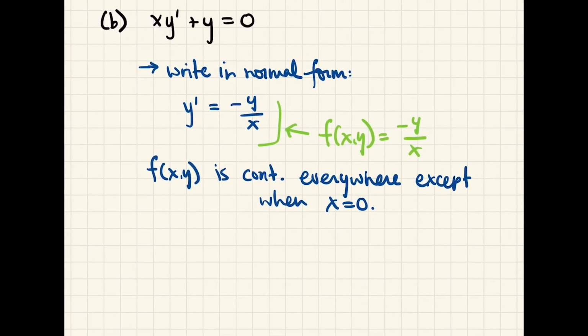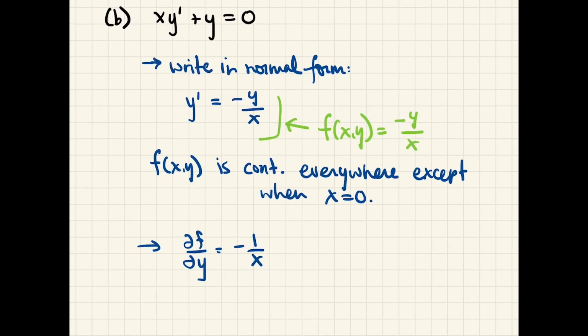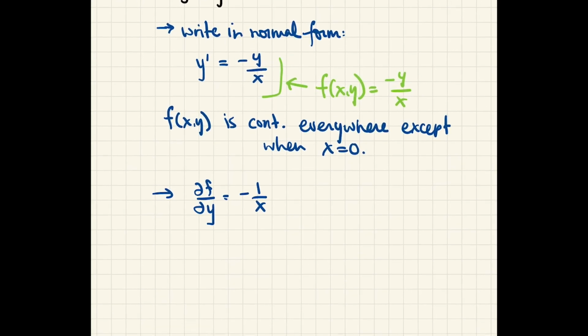Now we'll take its derivative with respect to y. We can see that treating x as a constant, you don't need the quotient rule. This is just going to be negative 1 over x. And in fact, that has the same restriction as the continuity of just f of x, y does, right? That's going to be continuous everywhere except where x equals 0.